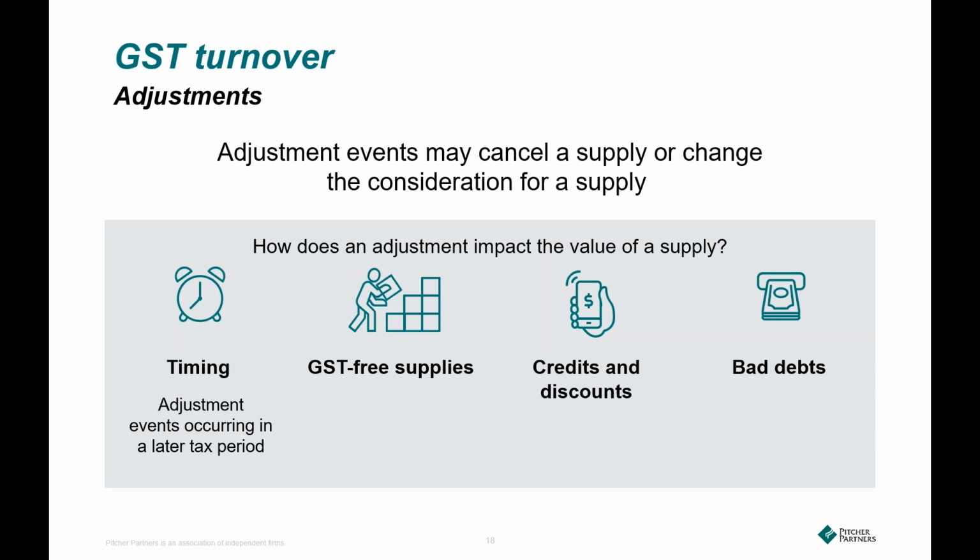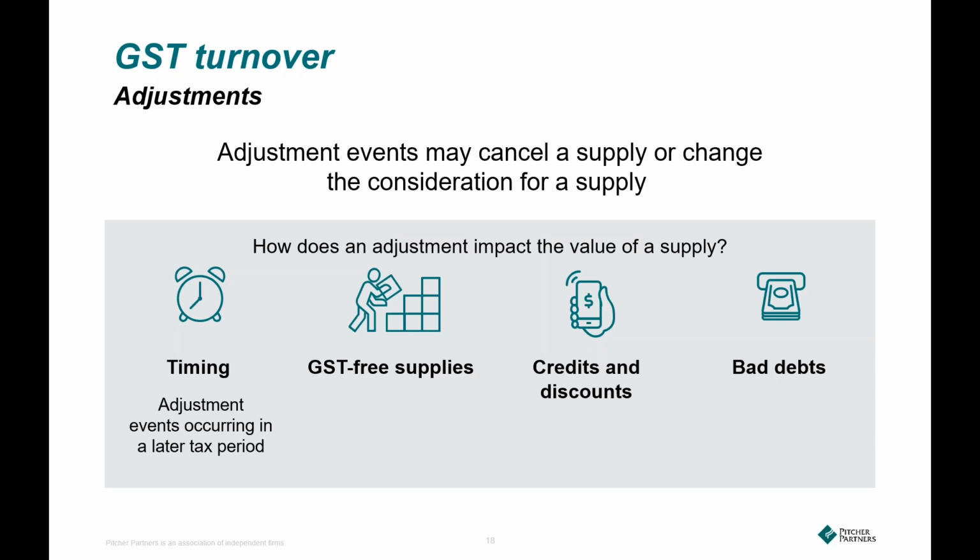So the relevance of adjustments is that an adjustment event can cancel a supply or change the consideration for a supply. It does depend on the timing in which the adjustment occurs, because adjustments or adjustment events can arise in either the same period that the supply has occurred, or perhaps more commonly can arise in a later period.